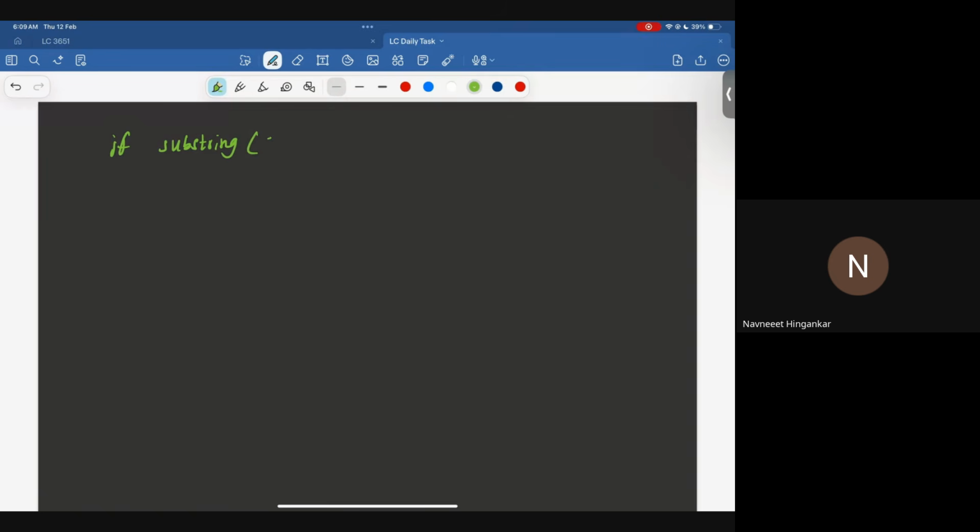substring start to end, interval is closed, not open, is valid, then you will maximize your answer. So answer is equal to max of answer, comma, j minus i plus 1 here, because it's a closed interval, or end minus start plus 1, anything you can prefer.